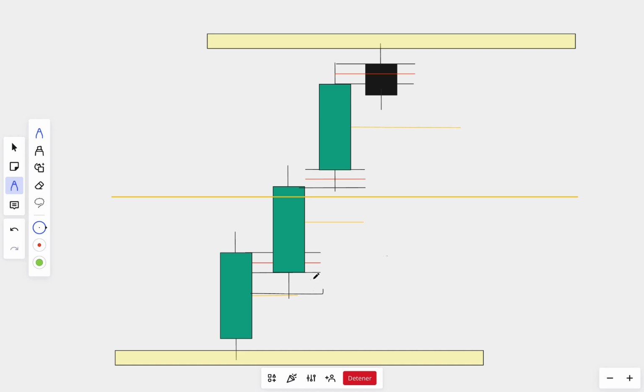Okay, so now we are closing above this event horizon range here, this price level, but the next day we are opening outside of the previous daily close. We are not opening like this candle, inside of the range. This is really different.